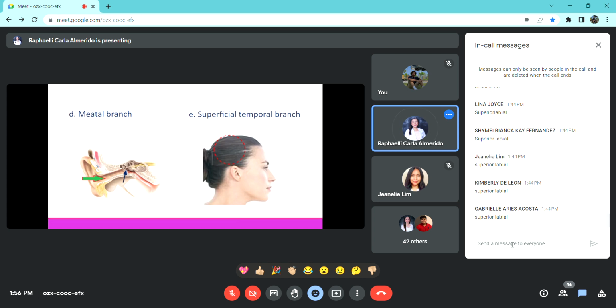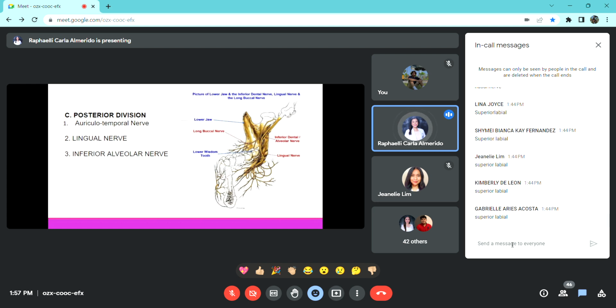For the meatal branch, it innervates the skin of your meatus and tympanic membrane. And for the superficial temporal branch, the scalp over your temporal region. So that's the auriculotemporal nerve.